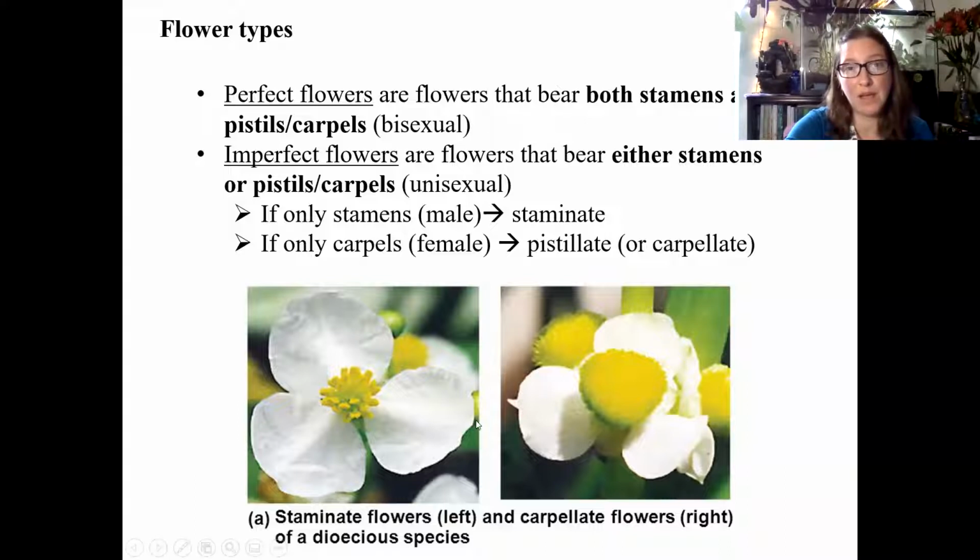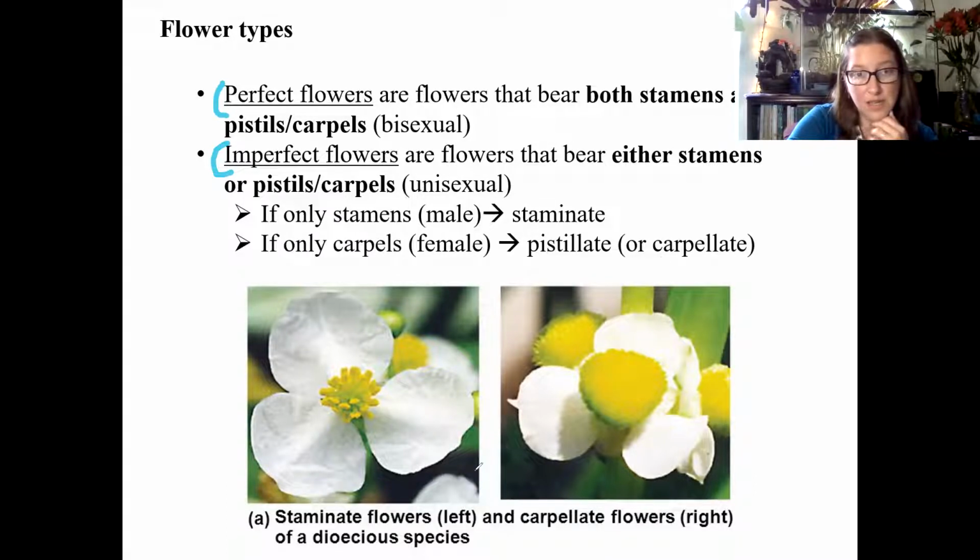So if you only have the male structures, you could call the flower staminate, like kind of stands for stamens. And if you only have the female structures, you can call the flower pistillate or carpellate. You don't need to know those. You might see that if you're looking in a field guide or something. But you do need to know perfect versus imperfect.